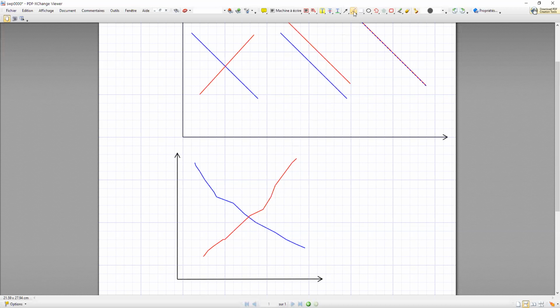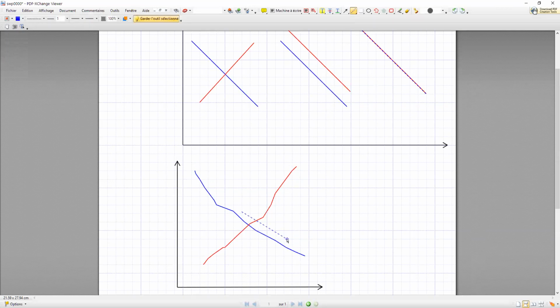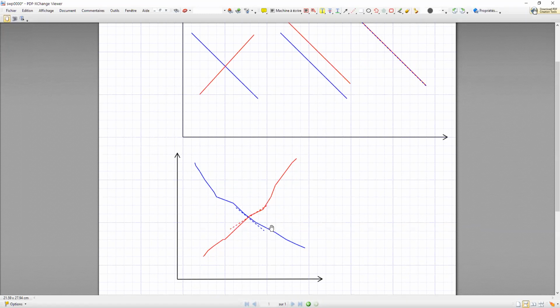So all we care about is what happens here, close to the equilibrium, and it is fine to imagine that this is linear. We never have data about what happens here. This is why we can use linear equations all the time.